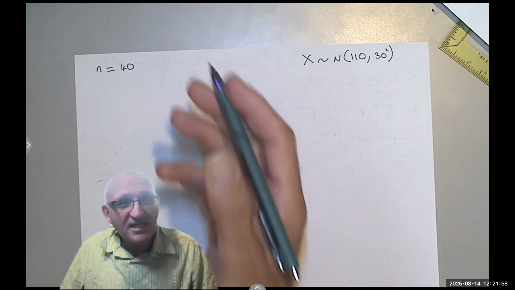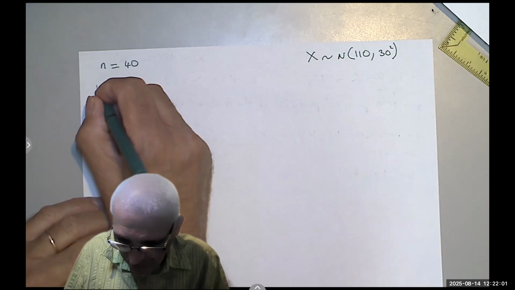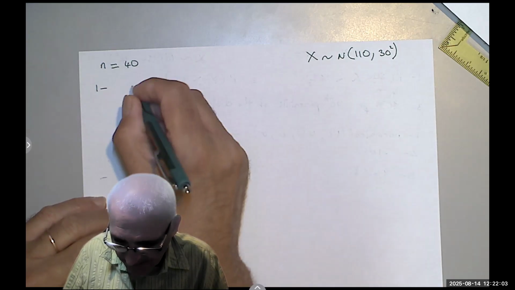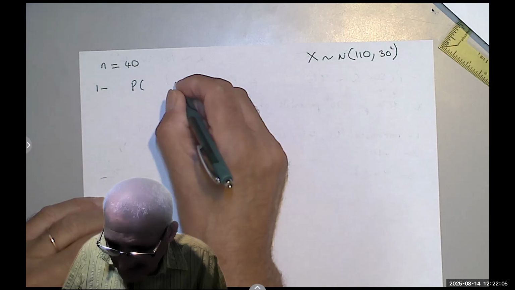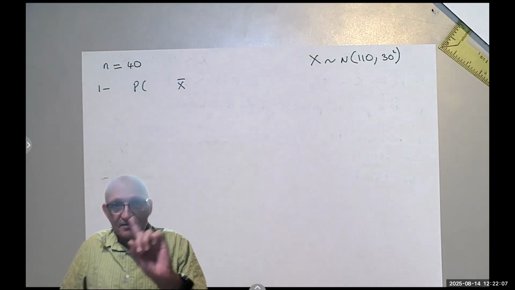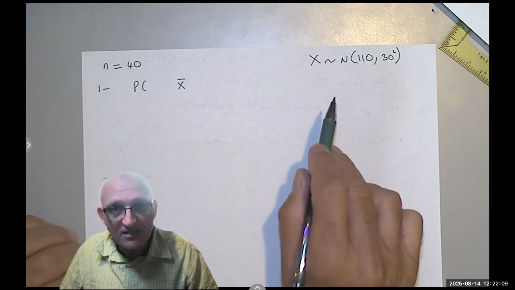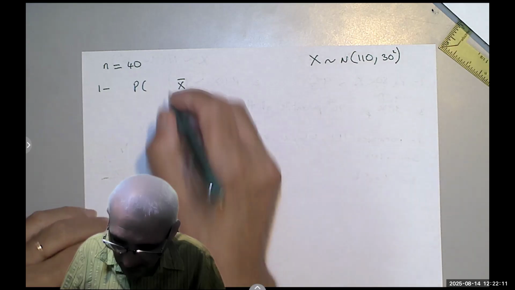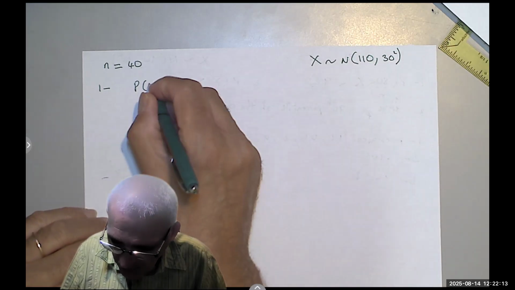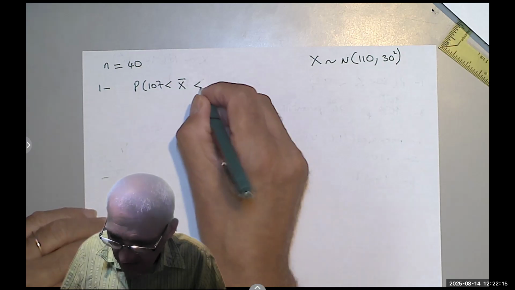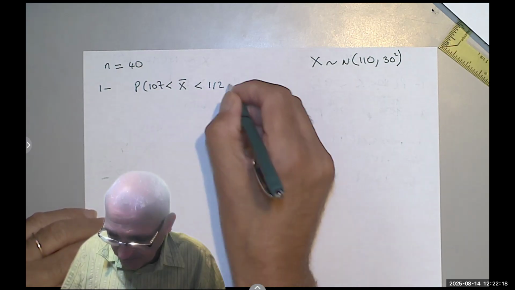And then find the same thing. So I want to find, first of all, the probability that the x bar, not x coming from the distribution, is between 107 and 112.